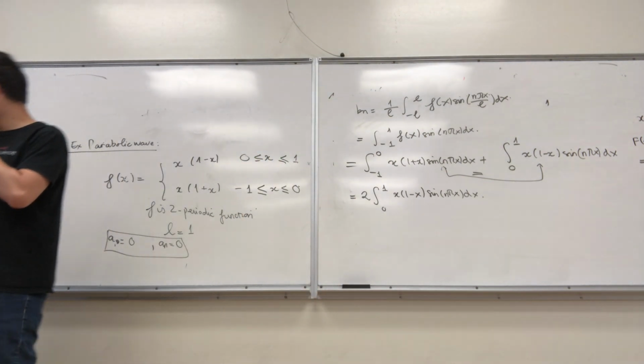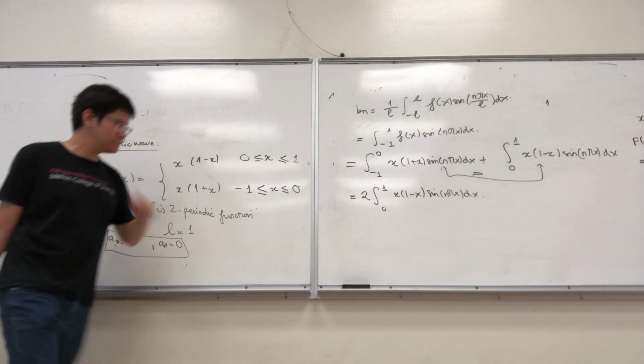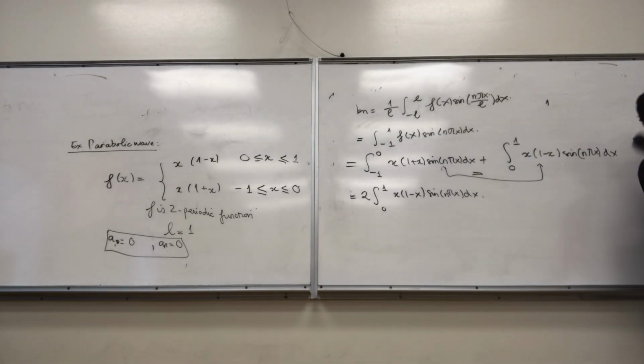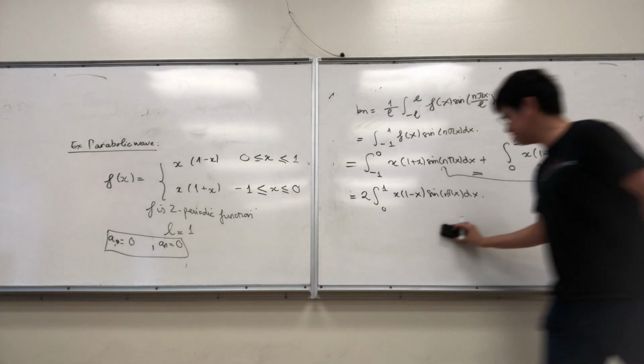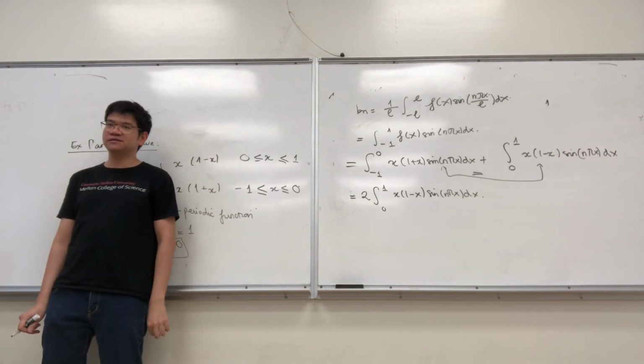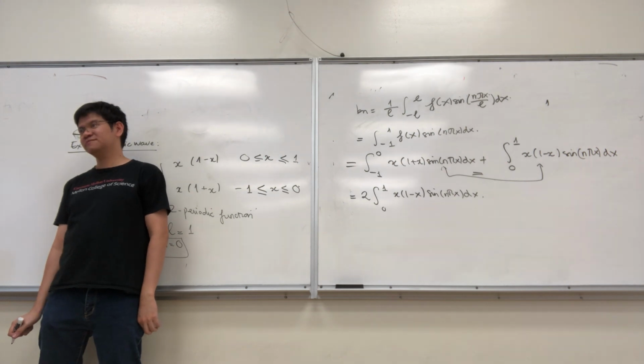So how can I compute this quantity? Integration by parts. So what is the u and what is the v in this case? u is still the polynomial, x minus x squared in this case.